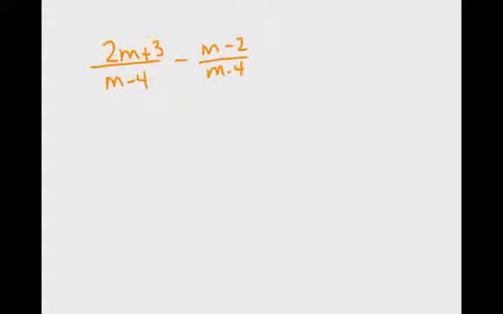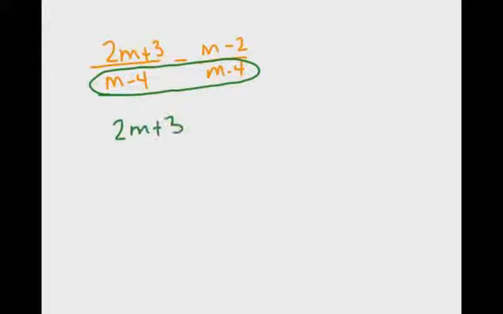All right, let's do another example. We have 2m plus 3 over m minus 4 minus m minus 2 over m minus 4. First, check to make sure our denominators are the same. They are. So since this is a subtraction problem, we're just going to subtract the numerators. So we have 2m plus 3 minus m minus 2.